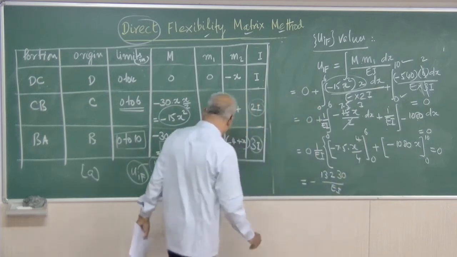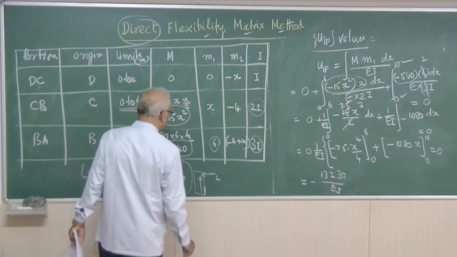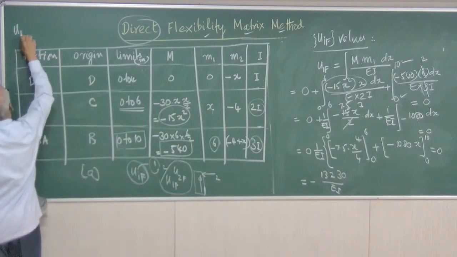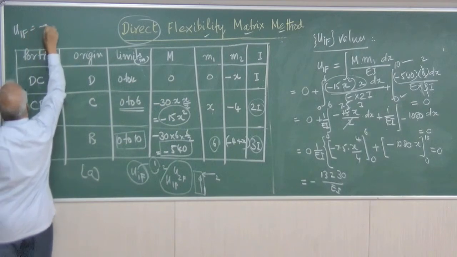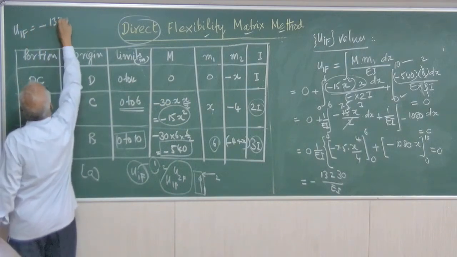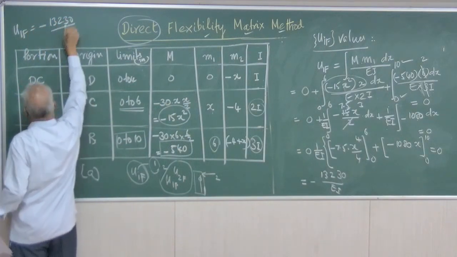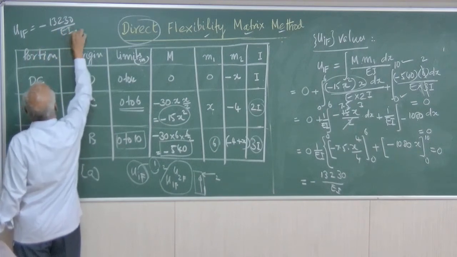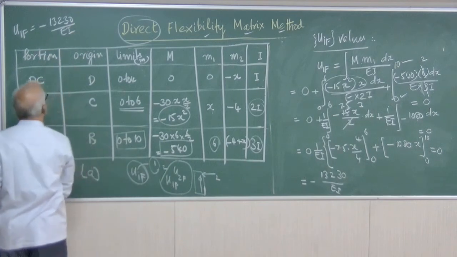So U1F equals minus 13,230 by EI. This is one value, right?